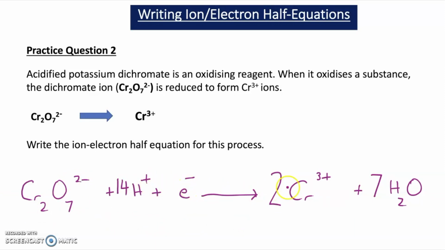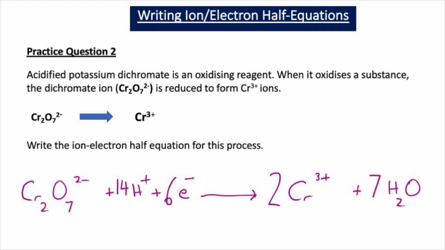So that gives me a total charge on the left hand side of 2- plus 14 H+, so that's 12+. And on the right hand side we have 6+, so I need 6 electrons to have the charges balanced on either side of the equation. So this is my overall equation for the reduction of the dichromate ion when it acts as an oxidizing agent.